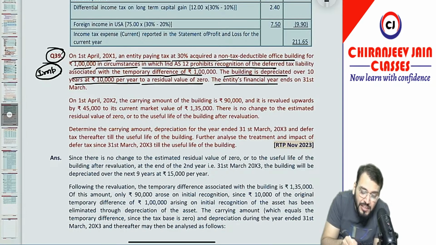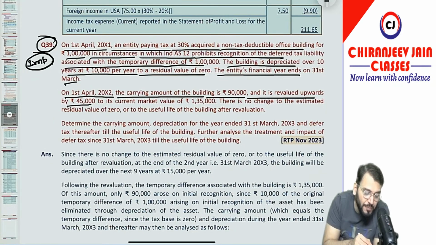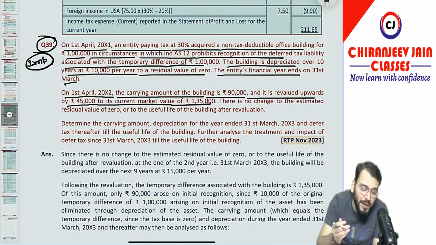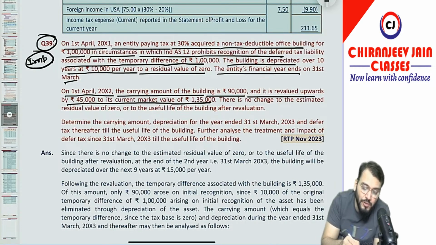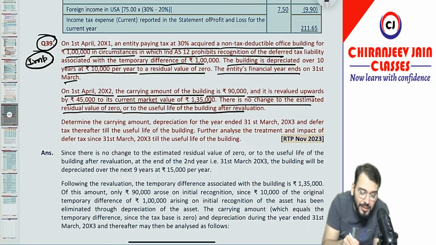The entity's financial year ends on 31st March. On 1st April 2002, the carrying amount of the building is 90,000 and it is revalued upward by rupees 45,000 to its current market value of rupees 1,35,000. There is no change in the estimated residual value of 0 or the useful life of the building after revaluation.